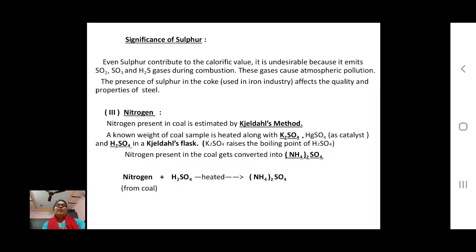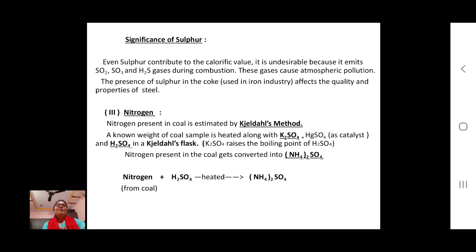Now, significance of sulfur. Sulfur has some calorific value, but it is undesirable. What is the reason? We are well aware of it. Because sulfur, when it reacts with oxygen on combustion, gives sulfur dioxide, sulfur trioxide and hydrogen sulfide. These gases are harmful and even cause atmospheric pollution.